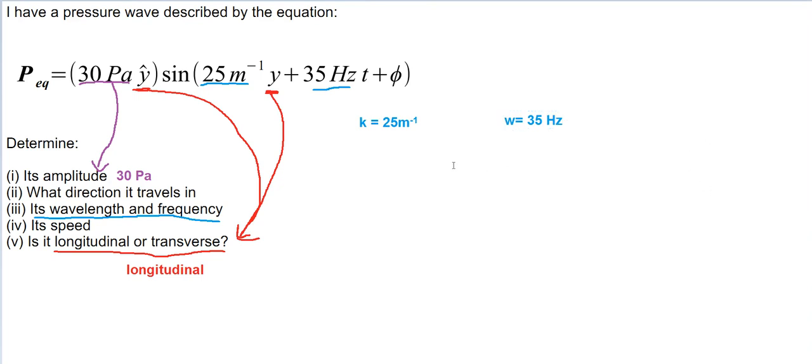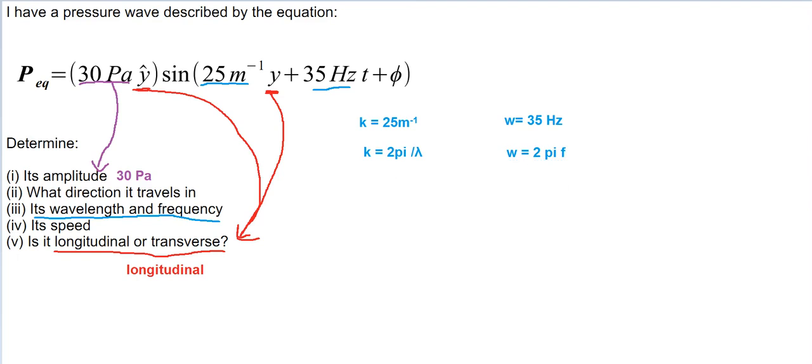Now, in order to find the proper wavelength and frequency, you need to know how k and omega are related to wavelength and frequency. Now, k is always equal to 2 pi divided by lambda. And for omega, or the angular frequency, it's always equal to 2 pi times whatever the normal frequency is.